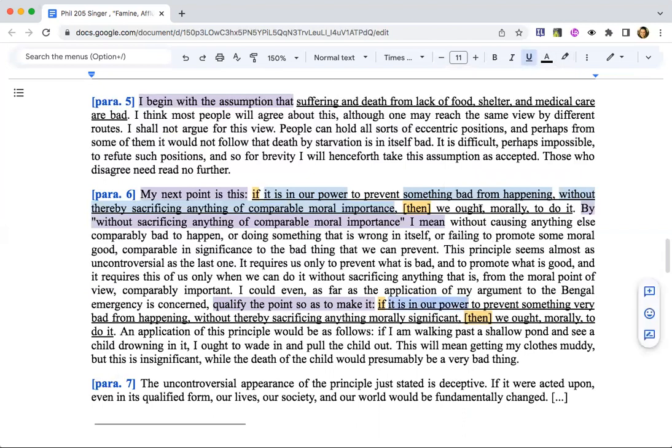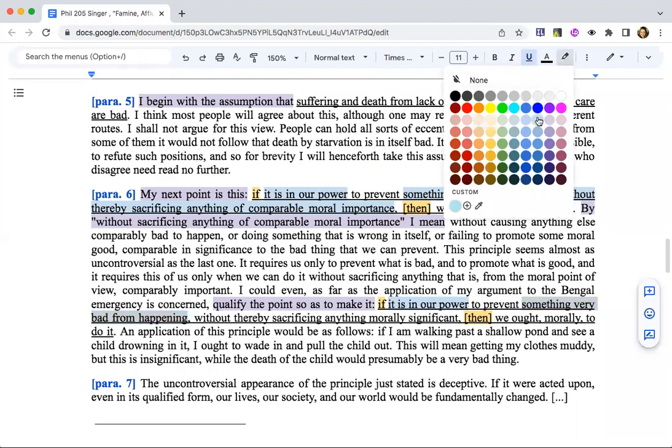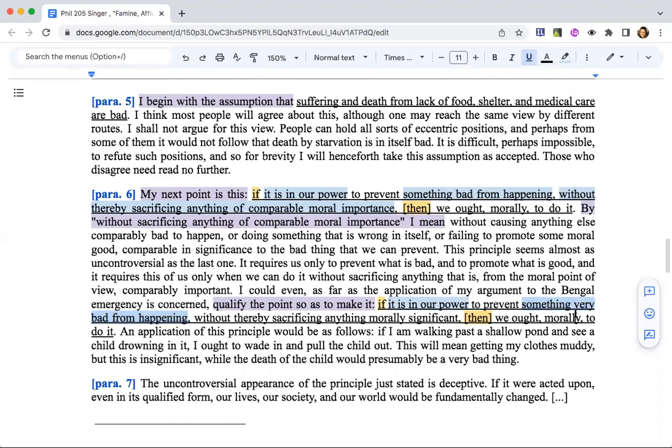It's in our power, still is an important criterion, that's still there, to prevent something very bad from happening. Is that relevant? Or was the author just being sloppy and changing the word bad and very bad, but not really meaning to change that part?